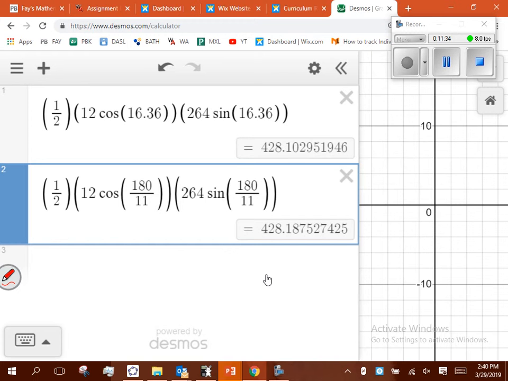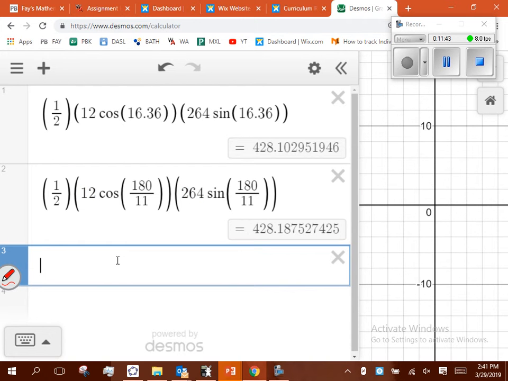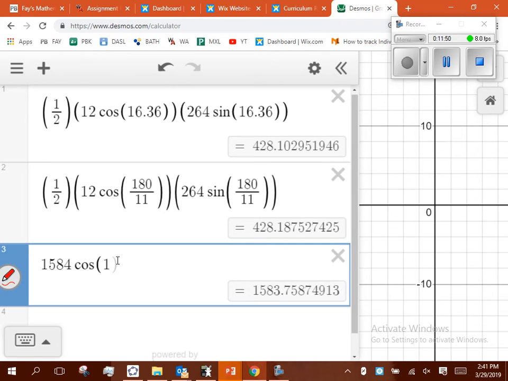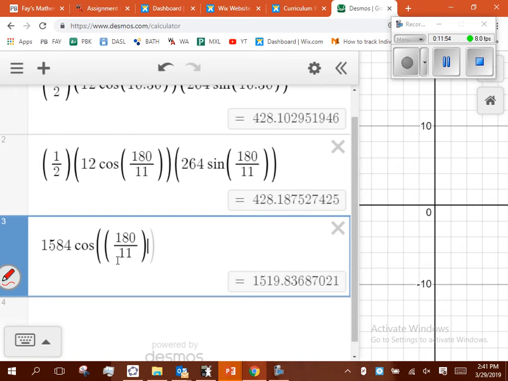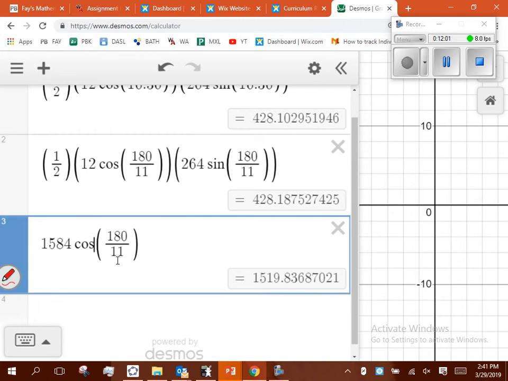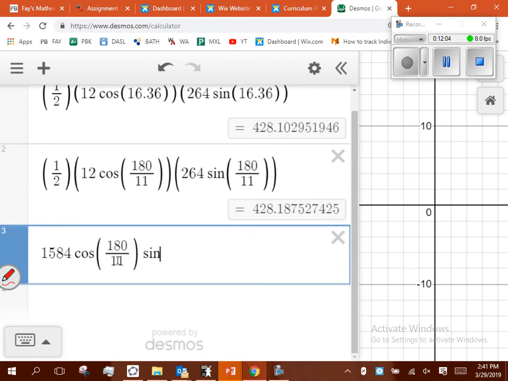Okay? If you're a person that says, well, you've been talking about multiplying rational numbers. That's a rational number. That's a rational number. That's a rational number. Why can't we write this as, I think it's 1584 cosine of 180 over 11 times then sine of 180 over 11.